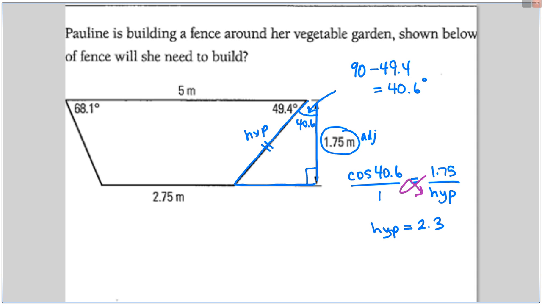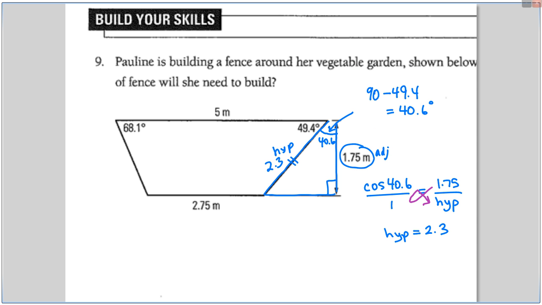Okay, so I got 2.3 there. Okay, here's 2.3. Now we've got to do one more here. Over on the side, draw this line in. We know that's the height of the parallelogram.